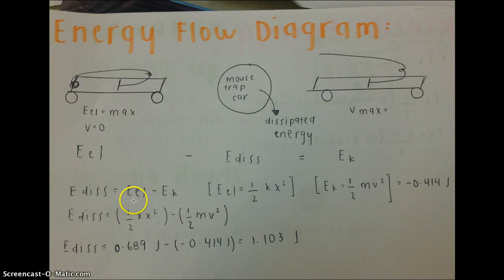And we found our elastic energy from the spring constant. And we found kinetic energy for the car. So we have E dis equals 0.689 joules minus negative 0.414 joules, which gives us a total of 1.103 joules of dissipated energy during the mousetrap's motion.